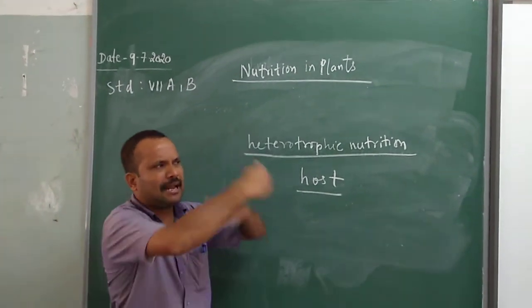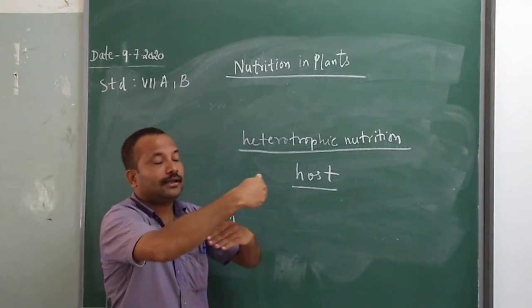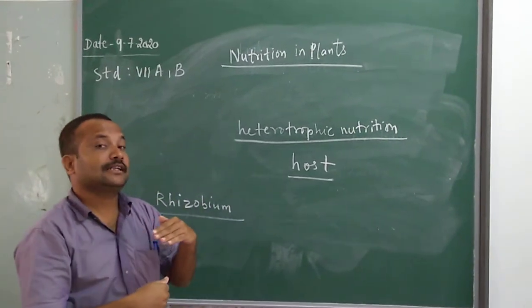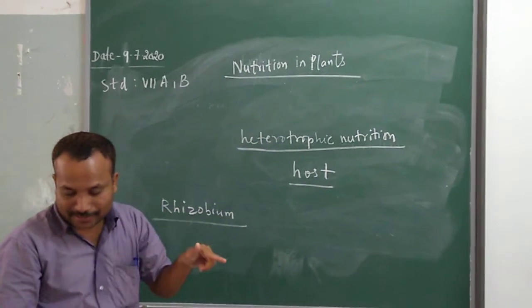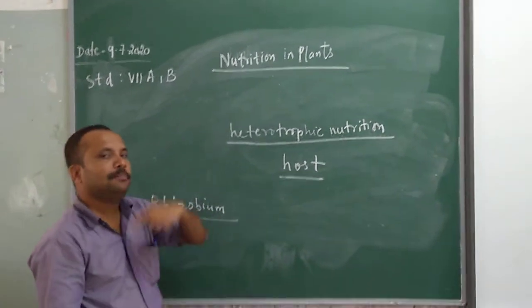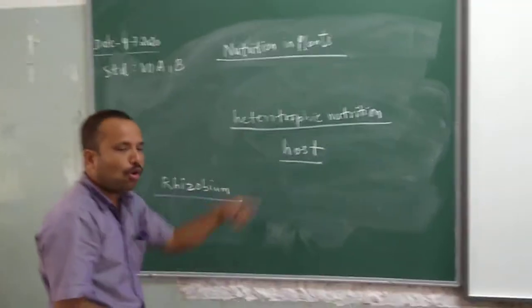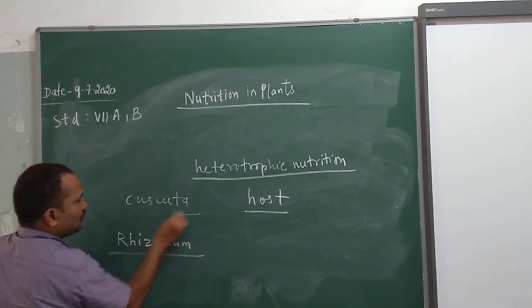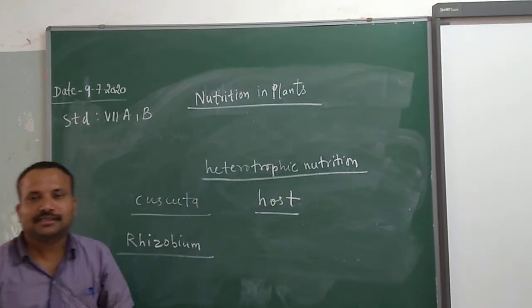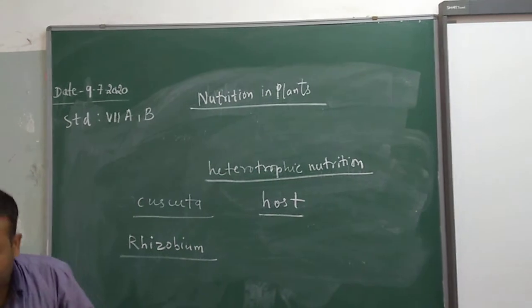Then children, this yellow colored, wiry structured plant growing on the tree, an example is a yellow colored plant growing on the host tree by the name Cuscuta.